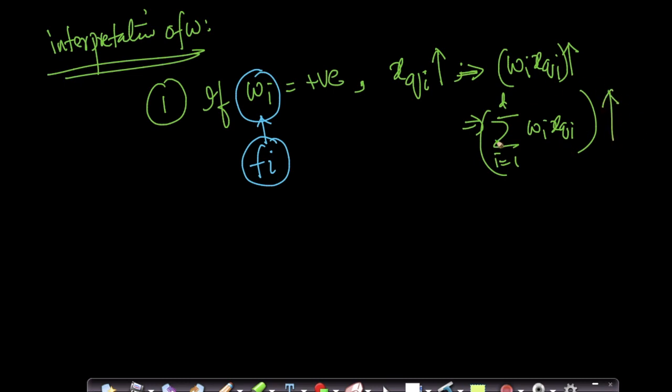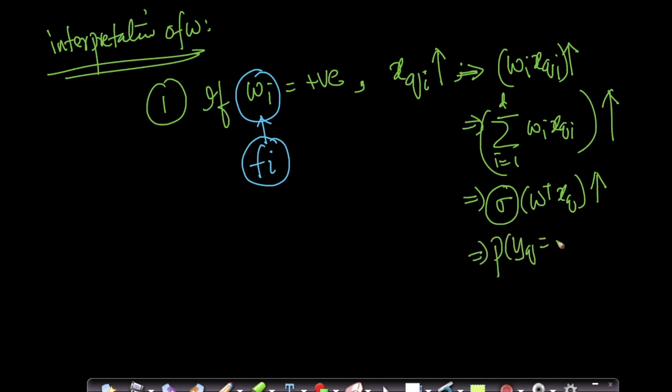If this whole thing increases, what does this imply? The sigma of W transpose xq also increases, because we saw that sigmoid is a monotonically increasing function. If the sigma increases, what does this mean? The probability that yq equals +1 also increases. This is case 1.